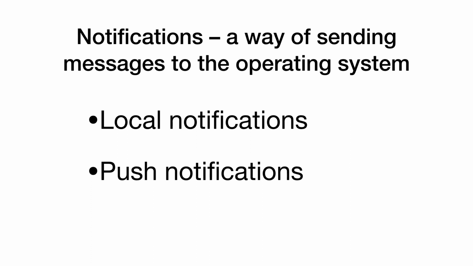For example, a local notification might come from your to-do list app informing you that a task you scheduled has come due. On the other hand, push notifications are generated on a server and sent to your device in real time. This might, for example, be a notification from a news feed or of an operating system update becoming available.